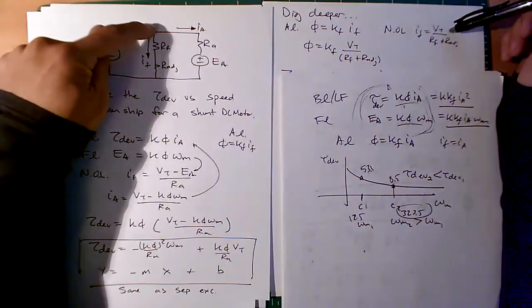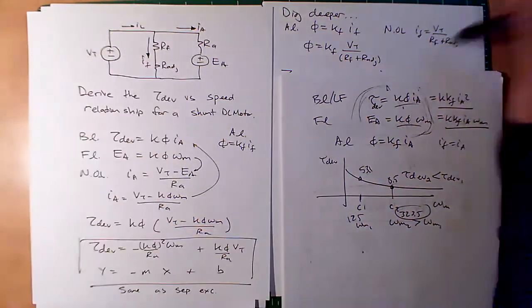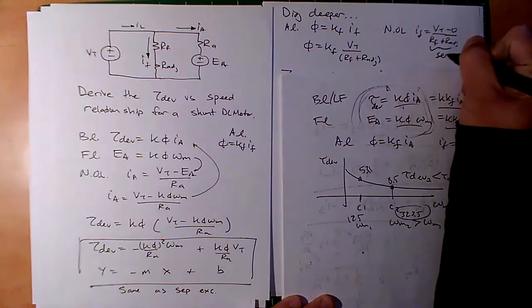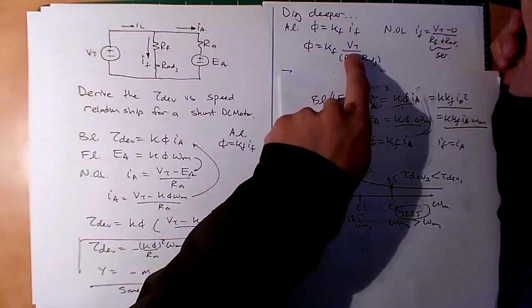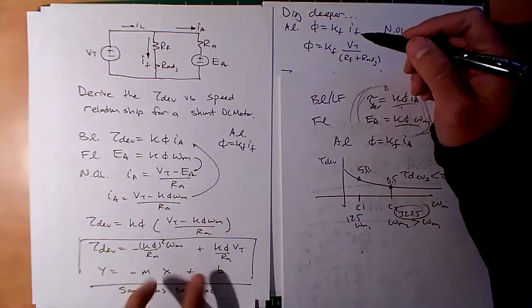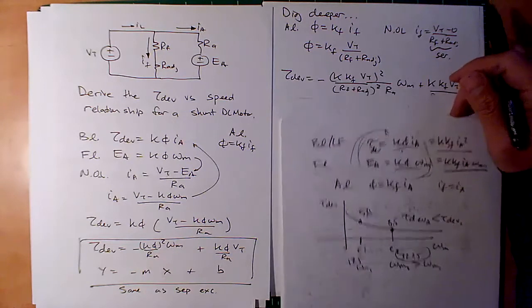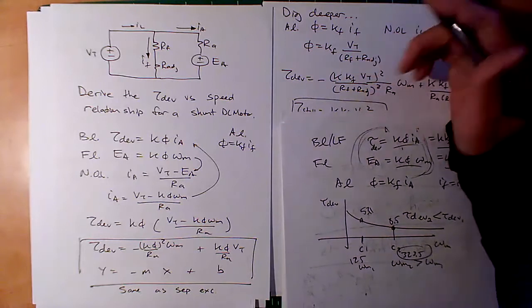It's VT minus 0 over RF plus RA because these are in series. I should write that down actually, so that we can see our steps. So this is minus 0, and this is in series, right? I could take that and plug it in here, and that means this phi will pop into these two points. I know it makes this equation a little bit nasty.